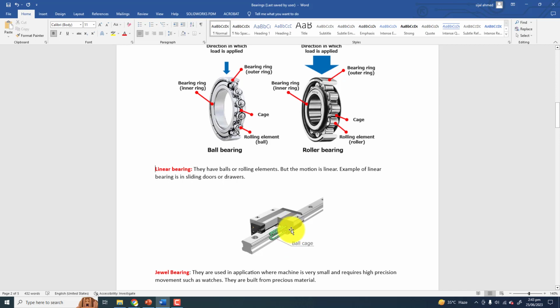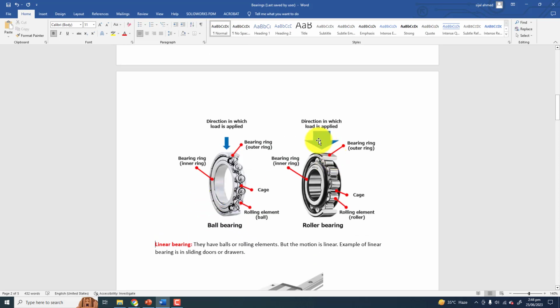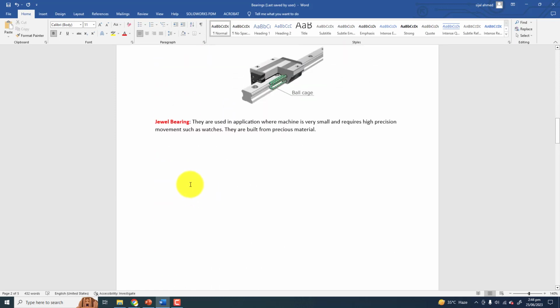Again, we have balls here, and when we slide them, they present less friction, but the motion is linear. You can see the use of linear bearings in sliding doors or drawers. These are two figures for ball bearings and roller bearings, so you can get a proper idea about these two types.